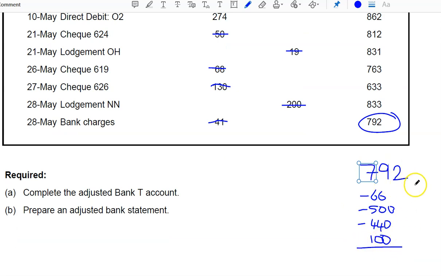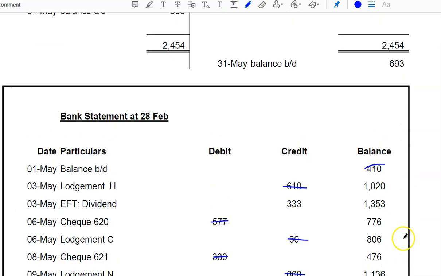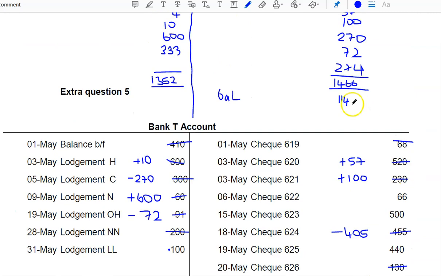And then to finish it off, 792 minus that, minus that, minus that, plus 100 gives you minus 114, which ties into this adjusted balance.